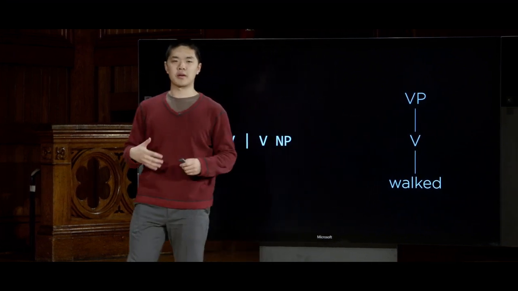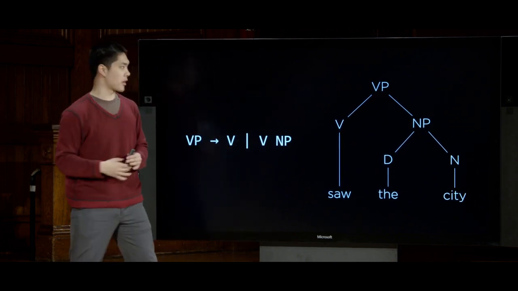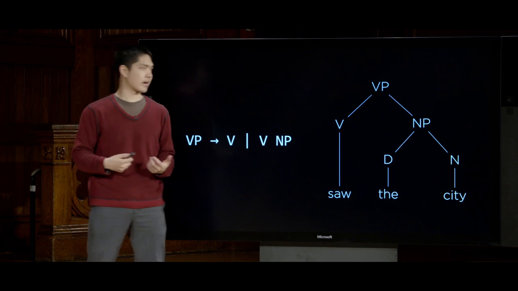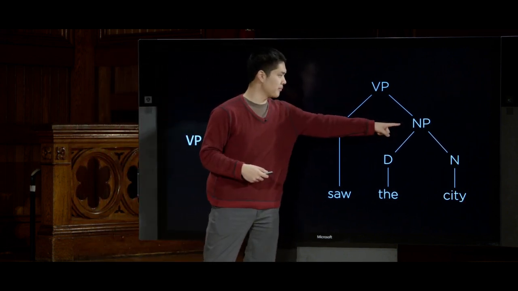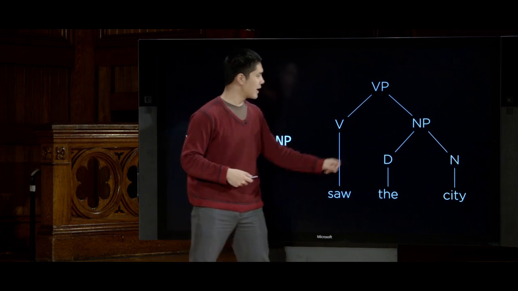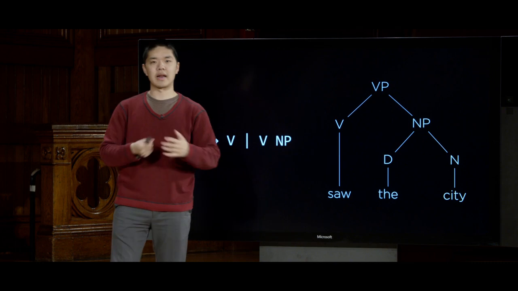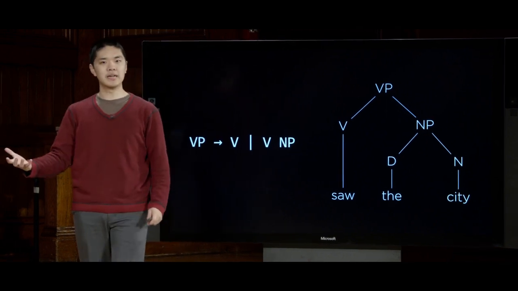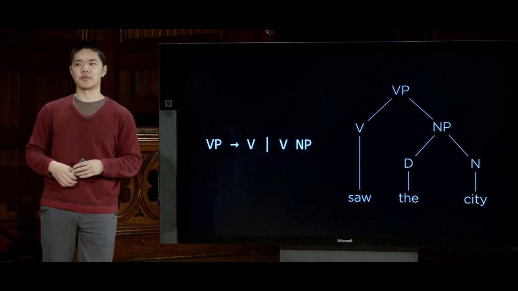But it could also be something more sophisticated, something like this, where we begin to see a larger syntax tree, where the way to read this syntax tree is that a verb phrase is a verb and a noun phrase, where that verb could be something like "saw," and this is a noun phrase we've seen before, the noun phrase "the city," composed of the determiner "the" and the noun "city," all put together to construct this larger verb phrase.